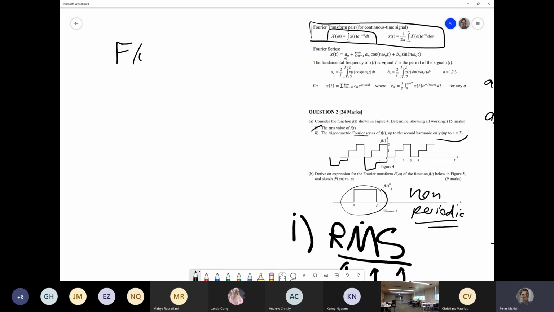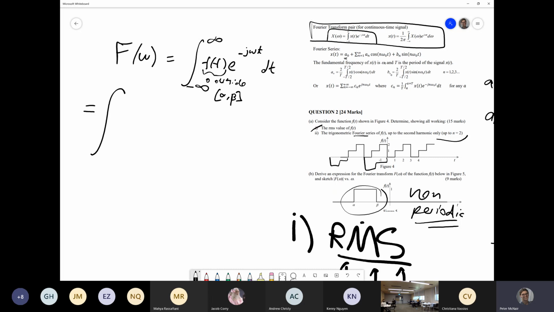So let's say F of omega is going to be the integral from negative infinity to infinity of f of t e to the minus j omega t dt. Because f of t is 0 outside the interval alpha beta, this just becomes an integral from alpha to beta. And then it's just 1, so it's just e to the minus j omega t dt.